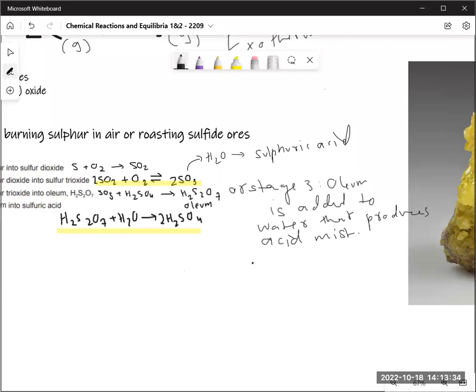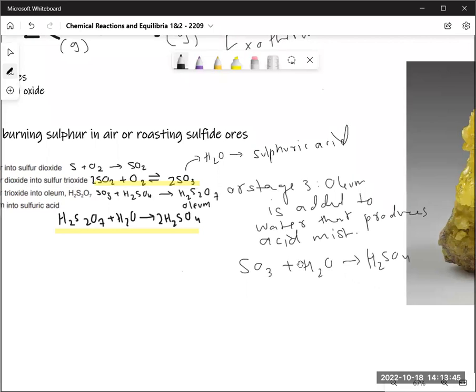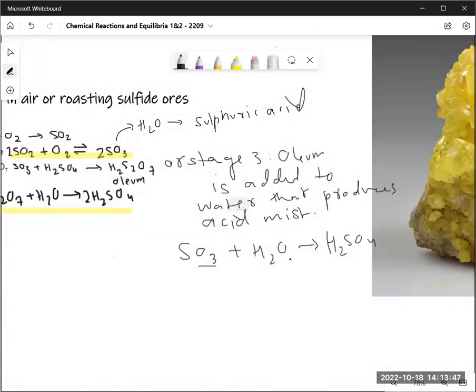The reaction is SO3 plus H2O gives us H2SO4. That O and this 3 O and this 1 O becomes SO4, and this H2 gets over here. So H2SO4. Fine. Now write this down quickly.